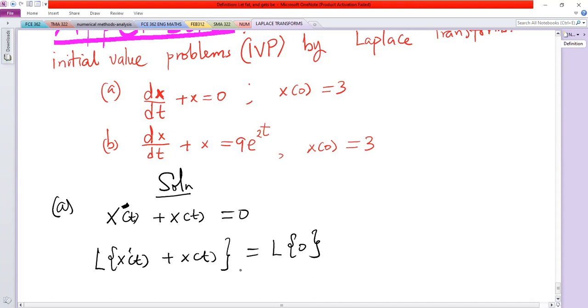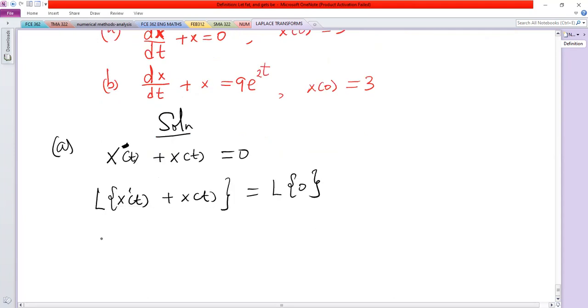And you see, the linearity property of the Laplace transform operator allows us to write this as the Laplace transform of x'(t) plus the Laplace transform of x(t) equals the Laplace transform of 0, which is 0.